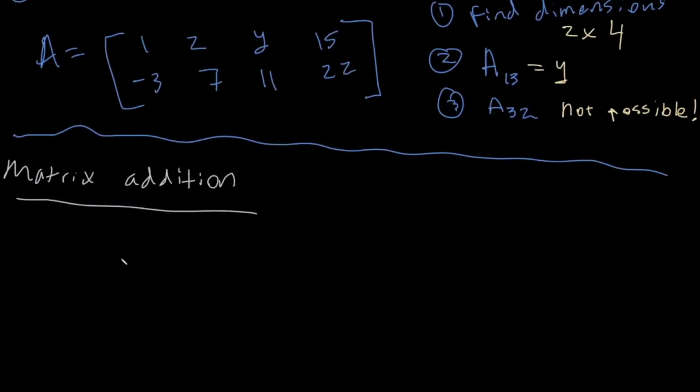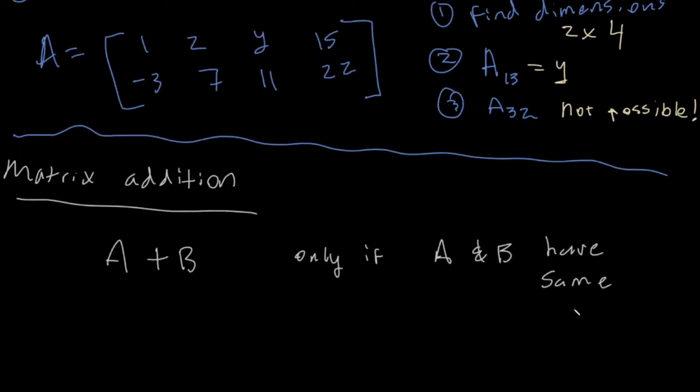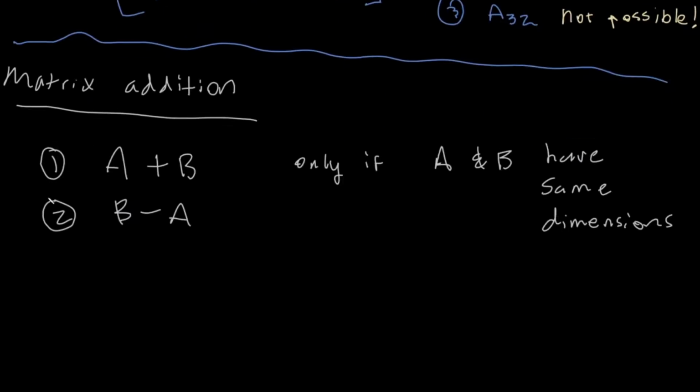Matrix addition is only defined, so we say matrix A can be added to matrix B, only if A and B have the same dimensions. Same for subtraction. So these can only happen if they both have the same dimensions.